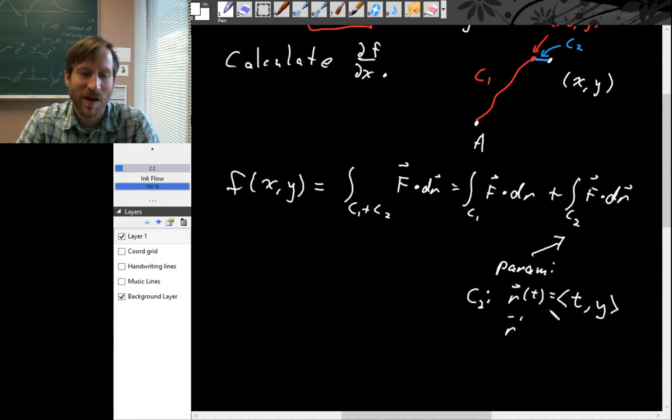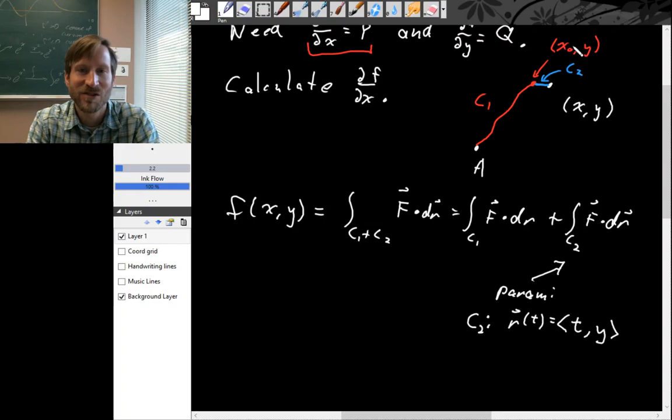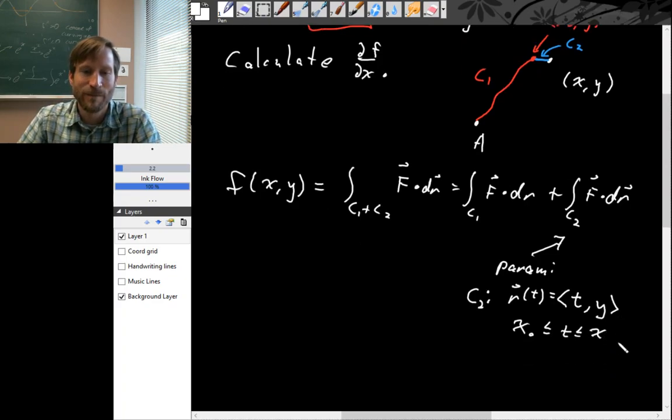Now we have our formula for our parameterization, and the values for the parameter t: our x-coordinates along this blue line segment start at x naught, because that's the left-hand end of C2, and they go up to x, because that's the right-hand end of C2.